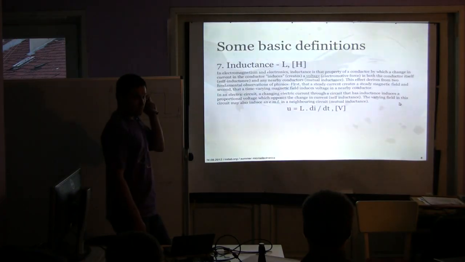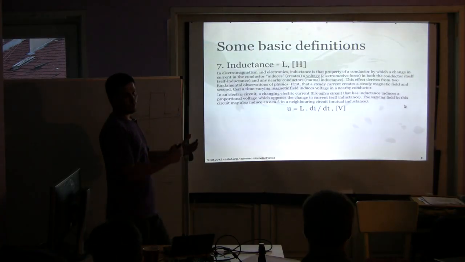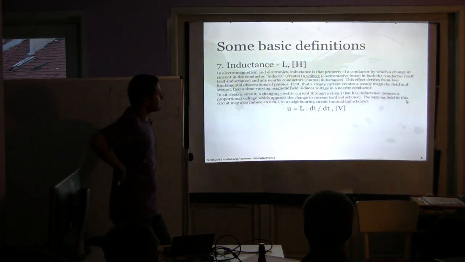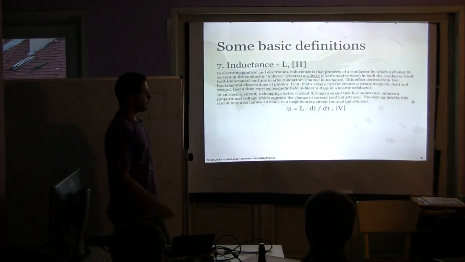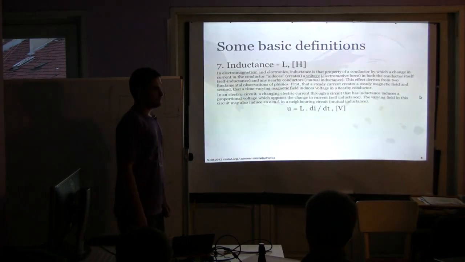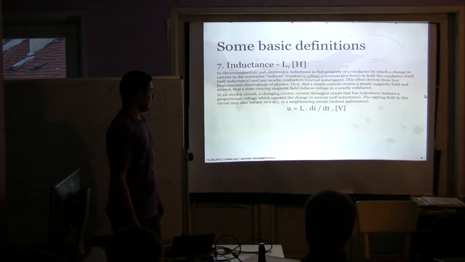With this mutual inductance is defined the transformation ratio between the windings. You have two wires somehow connected, not physically, but very close to each other, and by the windings and the distance between them we can define the transformation ratio, and actually this is the mutual inductance.